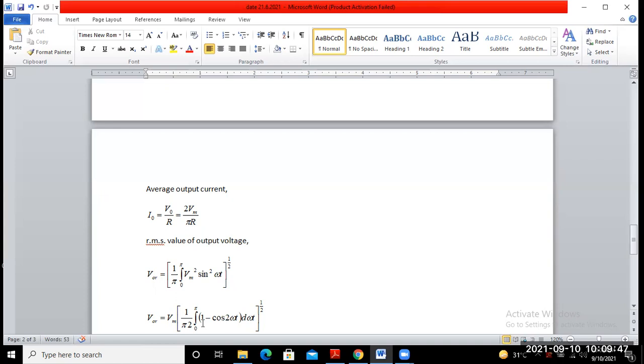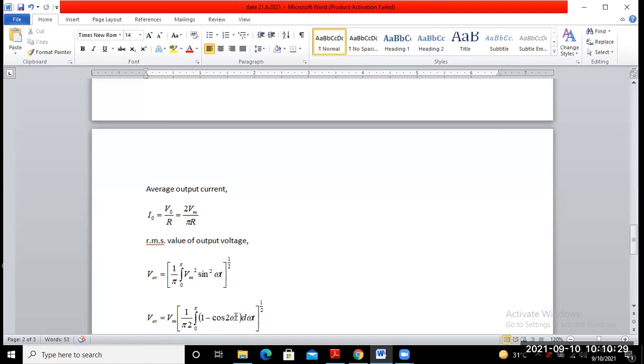Putting in pi and 0, the sine value is 0, so the second term is 0. Only the first term, pi, remains. The pi in the numerator and denominator cancel out, so only 1 by 2 whole to the power 1 by 2 remains after simplification.